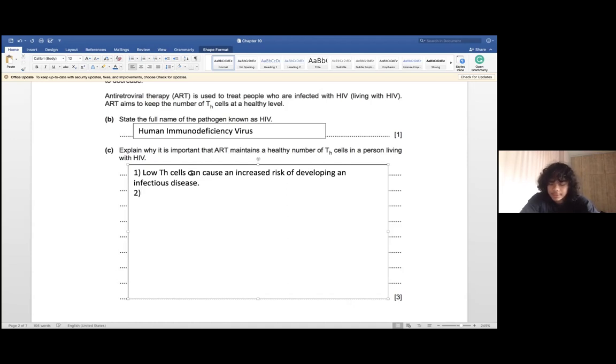The second one is you can say low levels of cytokines, because you guys know that T helper cells secrete cytokines, and if you have very low T helper cells, you will secrete fewer cytokines.